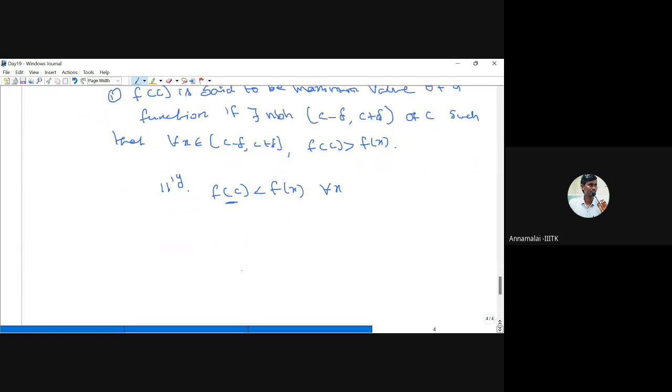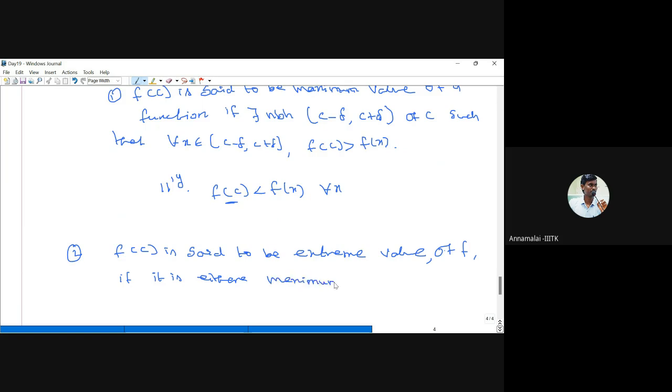Next we say that f of C is said to be an extreme value, extreme value always, not extremum, extreme value of f, if f of C is either maximum or minimum.